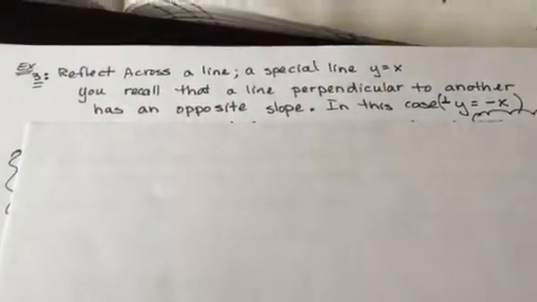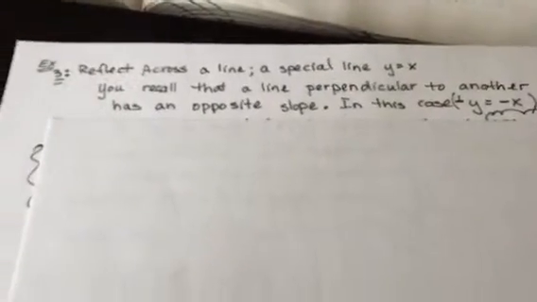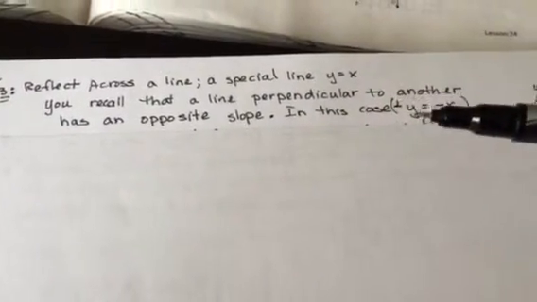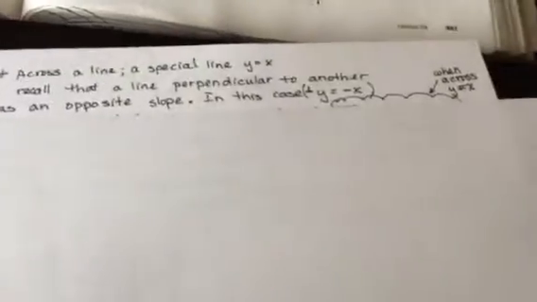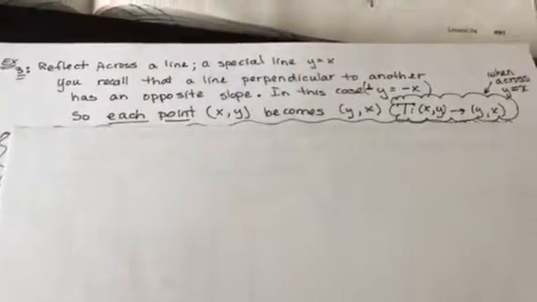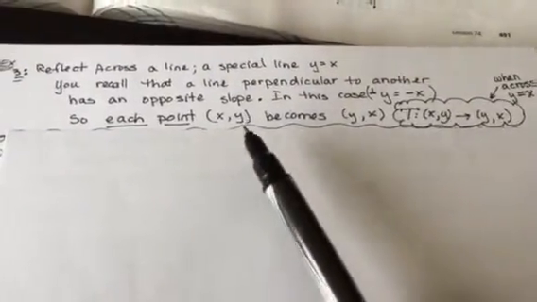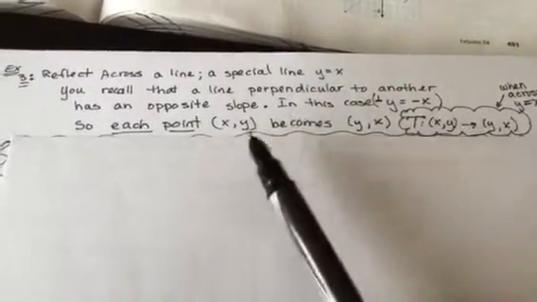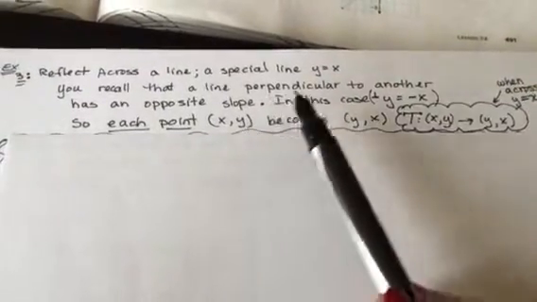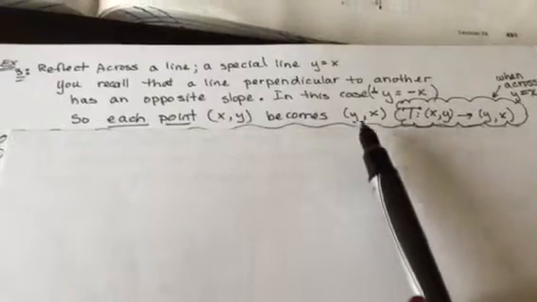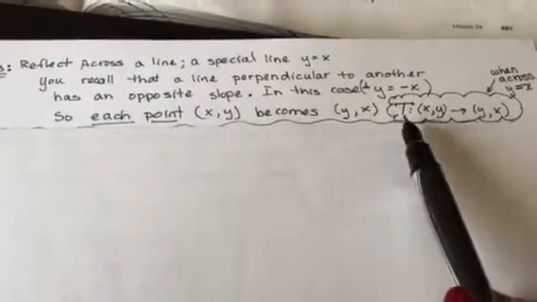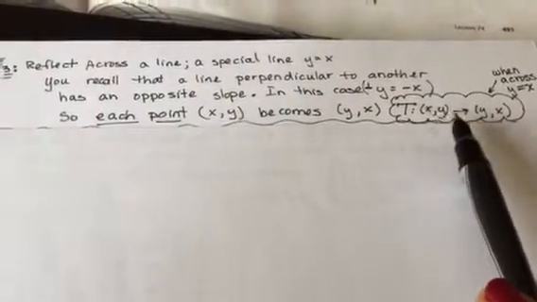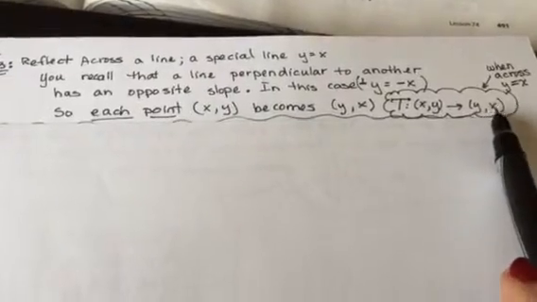So if we have y equals x, the opposite slope, the perpendicular slope, is y equals negative x. So each point (x, y), the formula for this, when it is reflected across the line y equals x, becomes (y, x). So the transformation of (x, y) becomes (y, x).